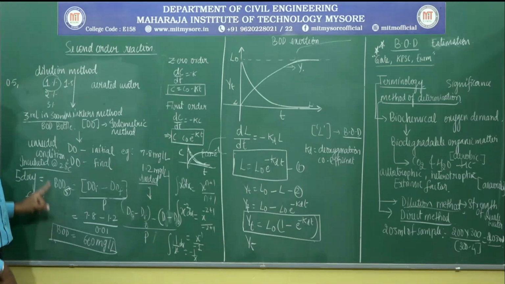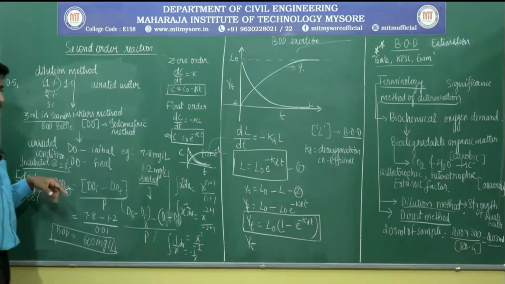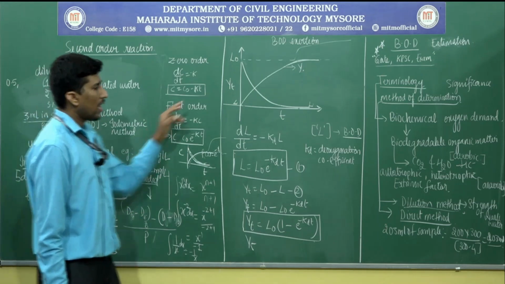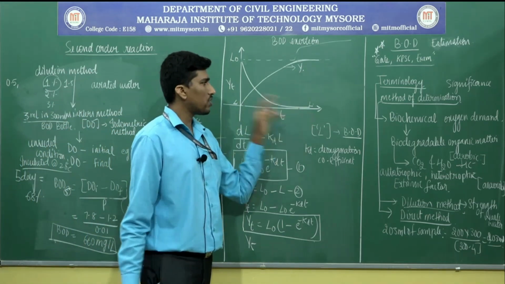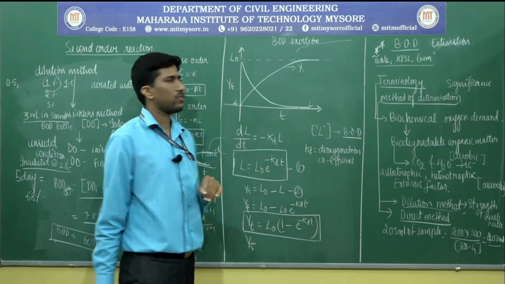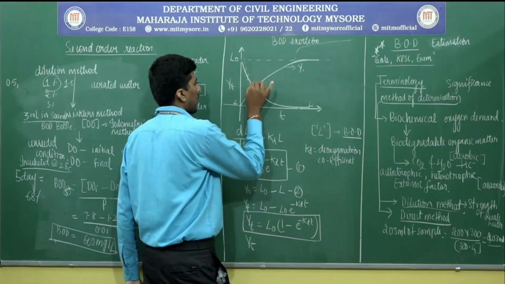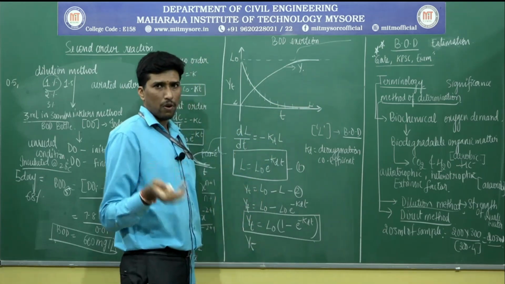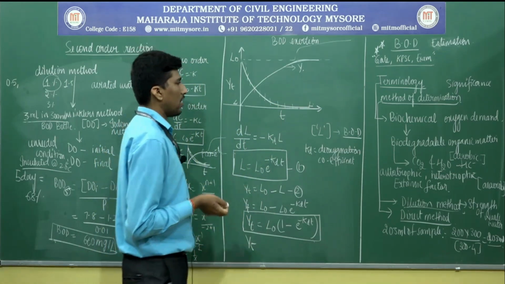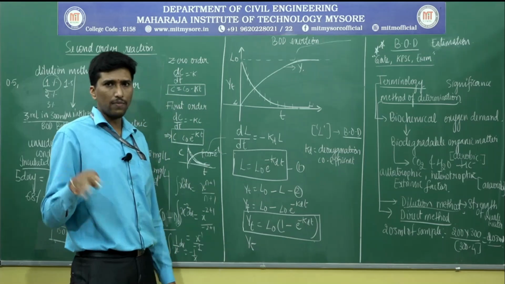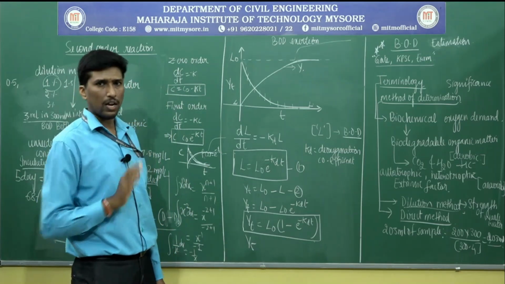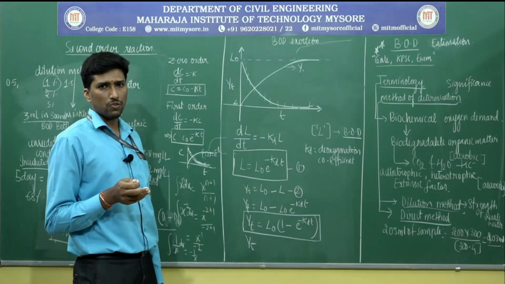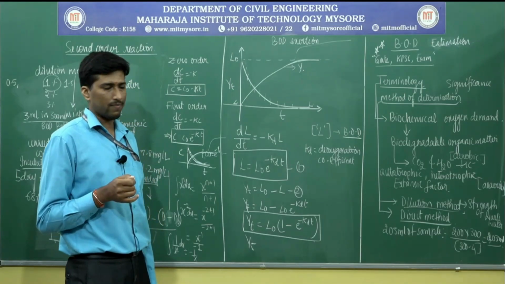This condition will tend to prevail where the BOD concentration is less, and the BOD concentration tends to reduce if you take it on a time basis only. If you plot the slope, that is ln of C by C naught versus t, you have the least squares method, you can get to know how it changes. You get the regression coefficient also. You can do it in an Excel plot.